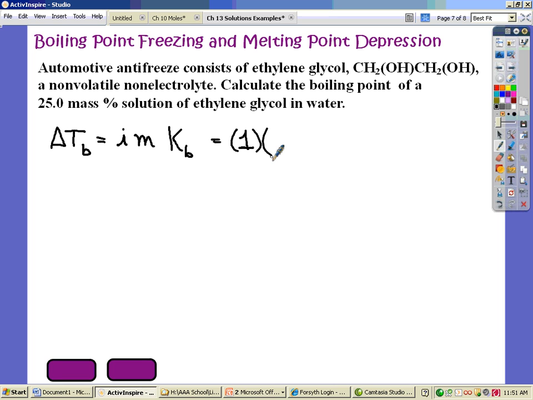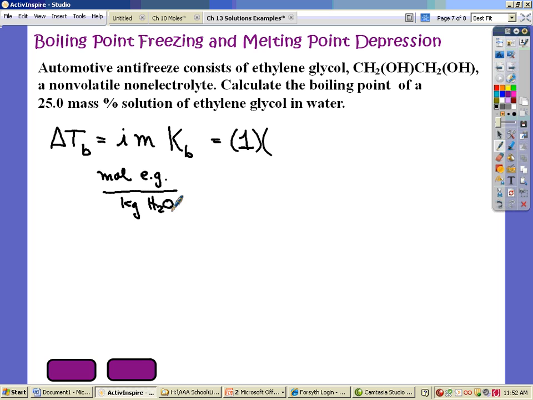If I have a mass percentage, and what I really want is moles of my ethylene glycol, let's just call that EG, over kilograms of water, that's what I'm shooting for. What do I have? Well, I have a percentage.